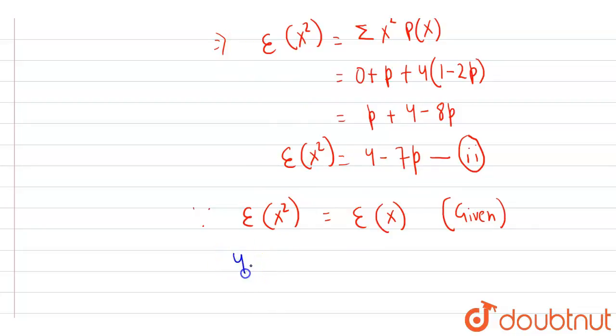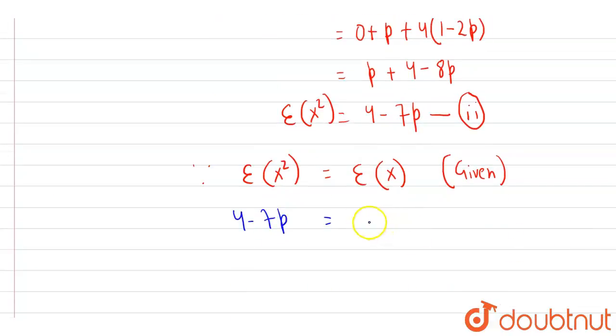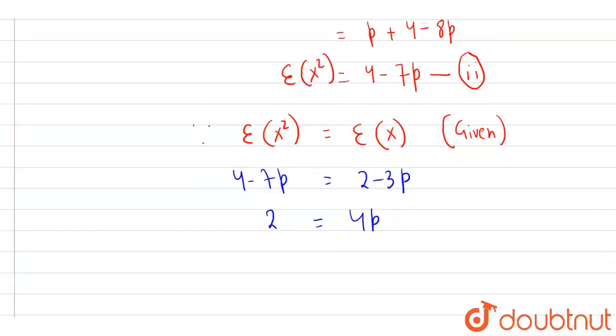So this becomes 4 minus 7p equals 2 minus 3p. If we take this 2 to the LHS, it becomes minus 2, so 4 minus 2 is 2. If we shift this minus 7p to the RHS, it becomes plus 7p, and plus 7p minus 3p will be 4p. So from here we find the value of p, which is equal to 1 upon 2. Hence the value of p is 1 upon 2, which is our answer.